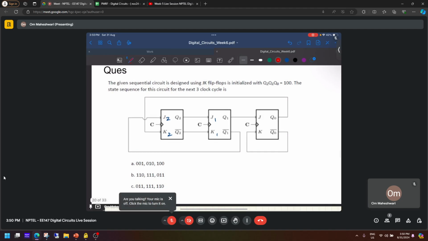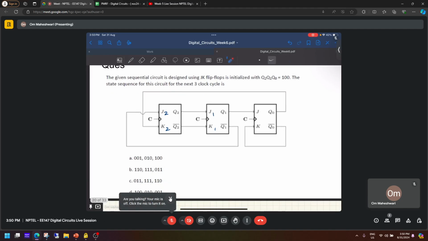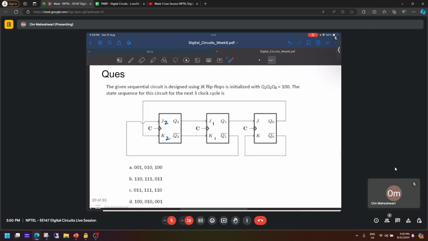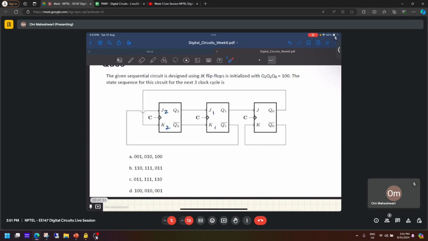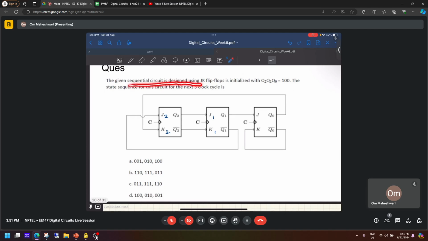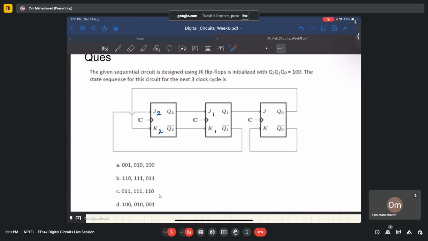Okay, so let us see here. Given the sequential circuit is designed using JK flip-flops, is initialized with Q2, Q1, Q0 equals to 1, 0, 0, and the state sequence for this circuit for the next six clock cycles we have to tell. So if this is the initial state of the outputs, we want to write what are the next three states of the output for the sequential circuit.